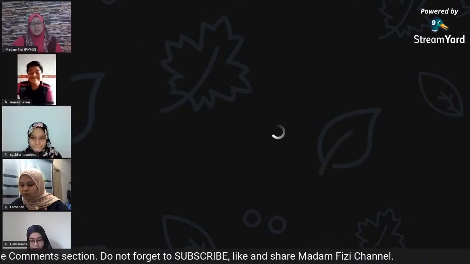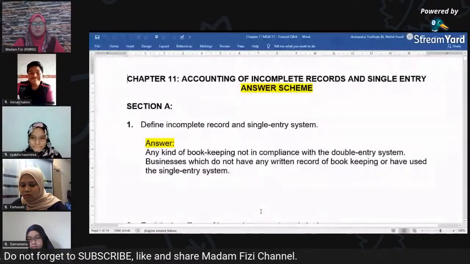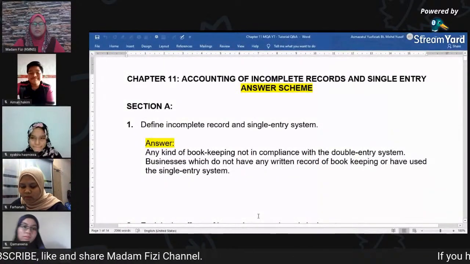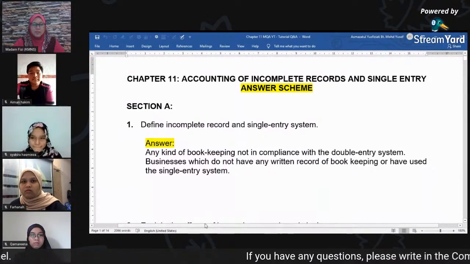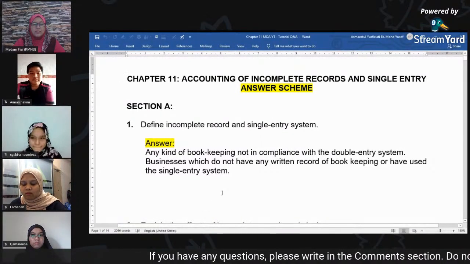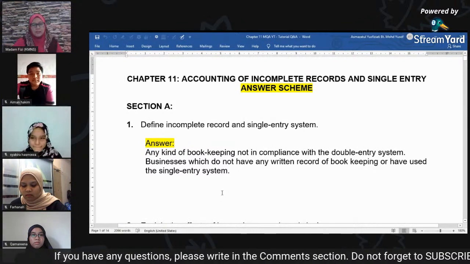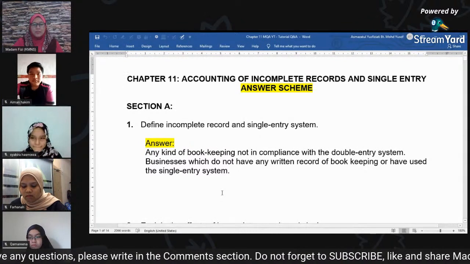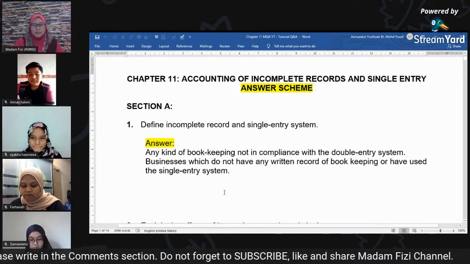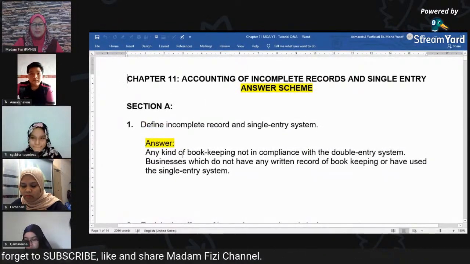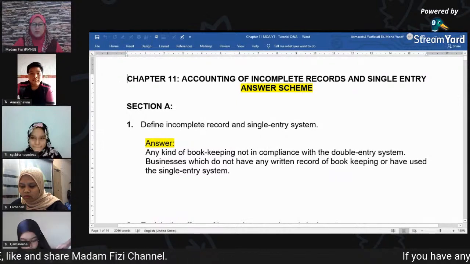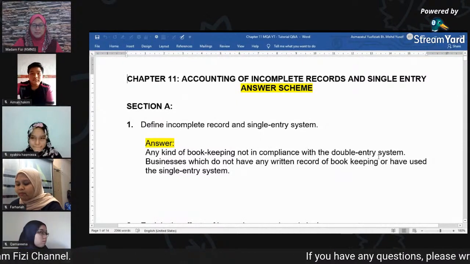Today is a tutorial for topic 11, accounting for incomplete records and single entry. We start with section A, question number 1. Define incomplete record and single entry system. The answer is any kind of bookkeeping not in compliance with the double entry system.